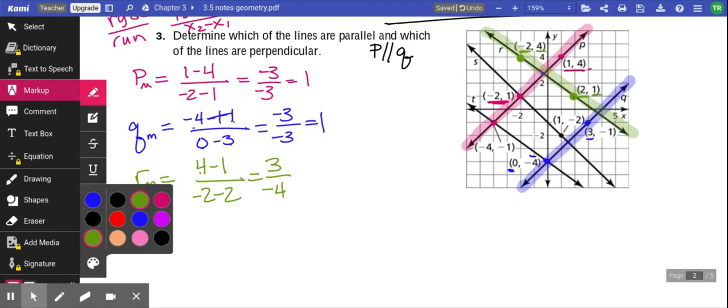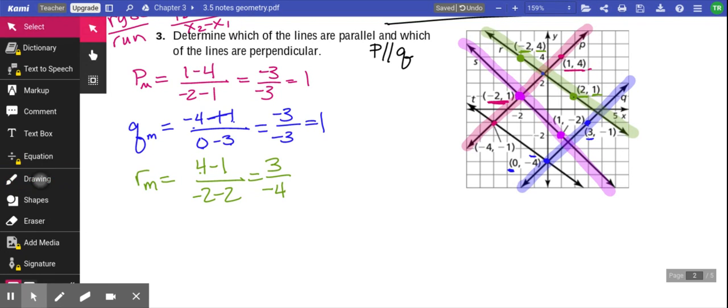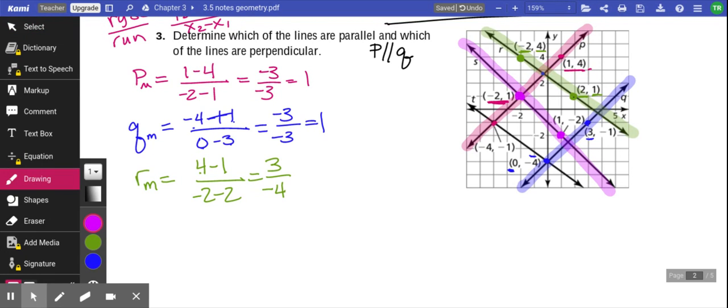I'm going to go on to my next line. We'll do purple. Okay, so on my purple, I can use this same point again because it's on there, and I can use this point. So then let's see, the slope of line S. I'm going to subtract my y's.